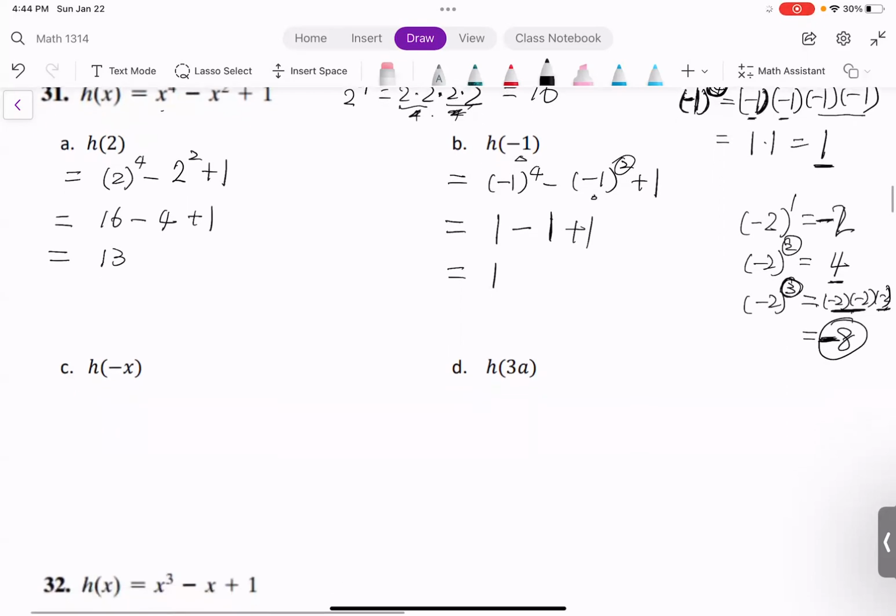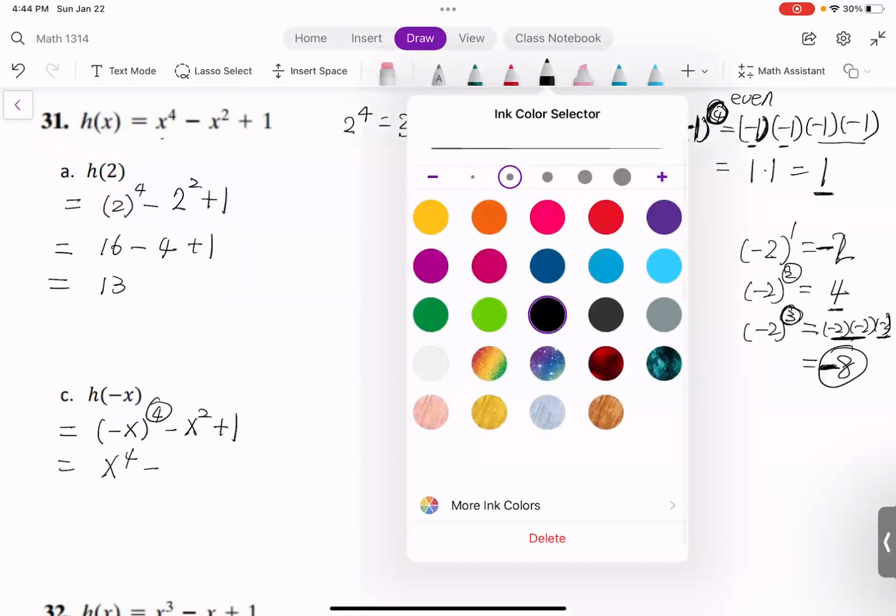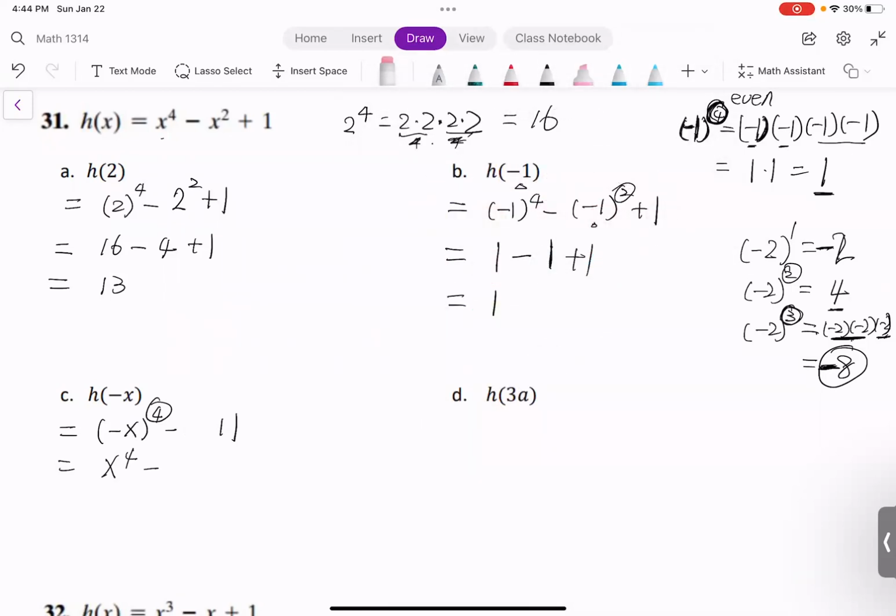Okay, let's see next, number C. h of negative x. The input is negative x to the fourth minus x squared plus 1. So what should I have if the power is even and the base is negative? Yes, it's positive x to the fourth, minus, here I forgot to plug in the value for the x.